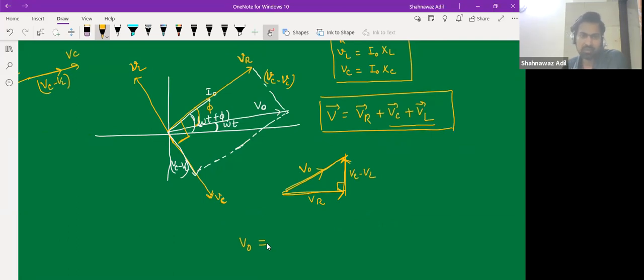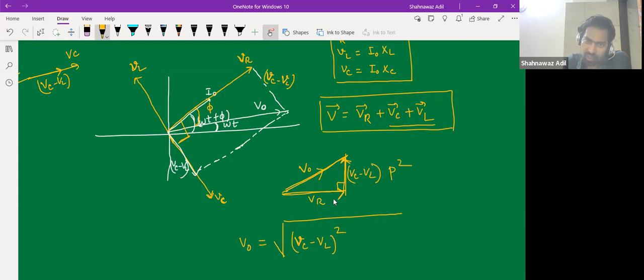Yes. If you have any confusion, please tell. Absolutely right. So there would be squares: root of VC minus VL whole square, perpendicular square plus base square, so plus VR square.